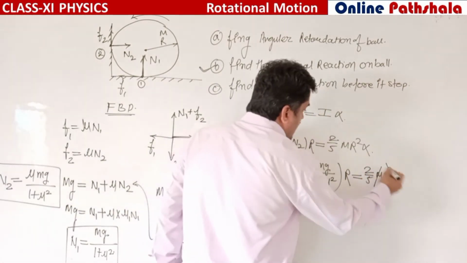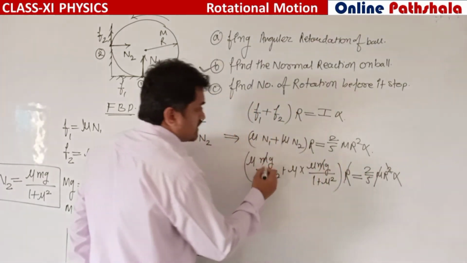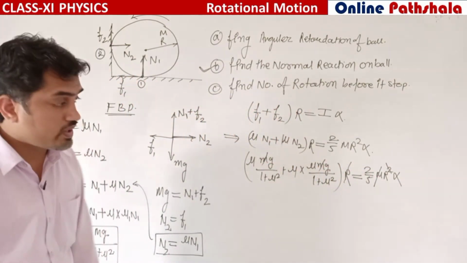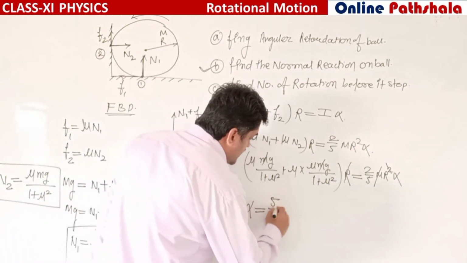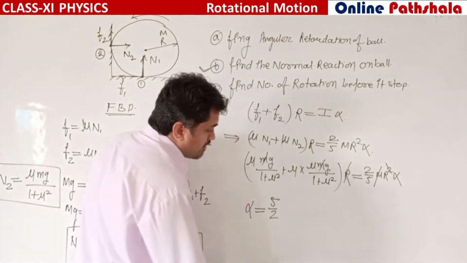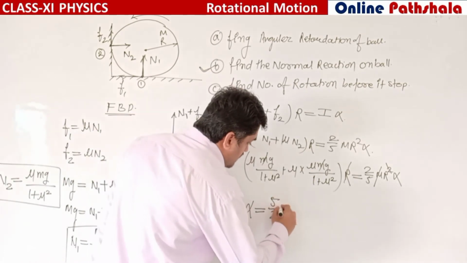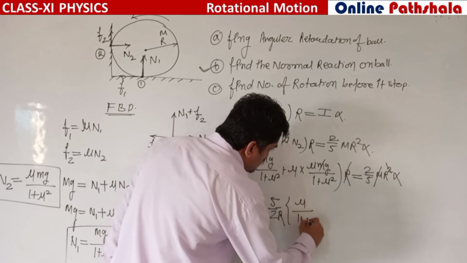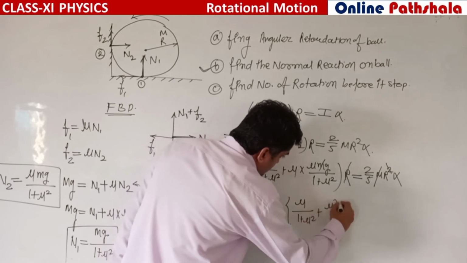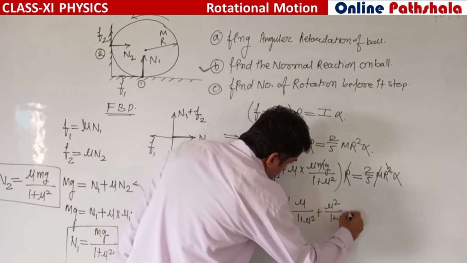So m and r will cancel out. Finally we get alpha equal to 5 by 2 r times g into mu divided by 1 plus mu square plus mu square divided by 1 plus mu square.